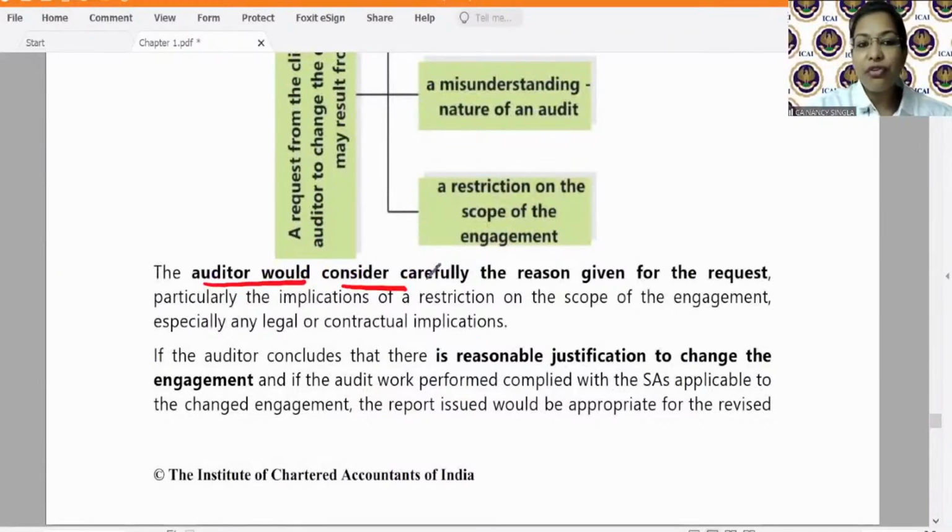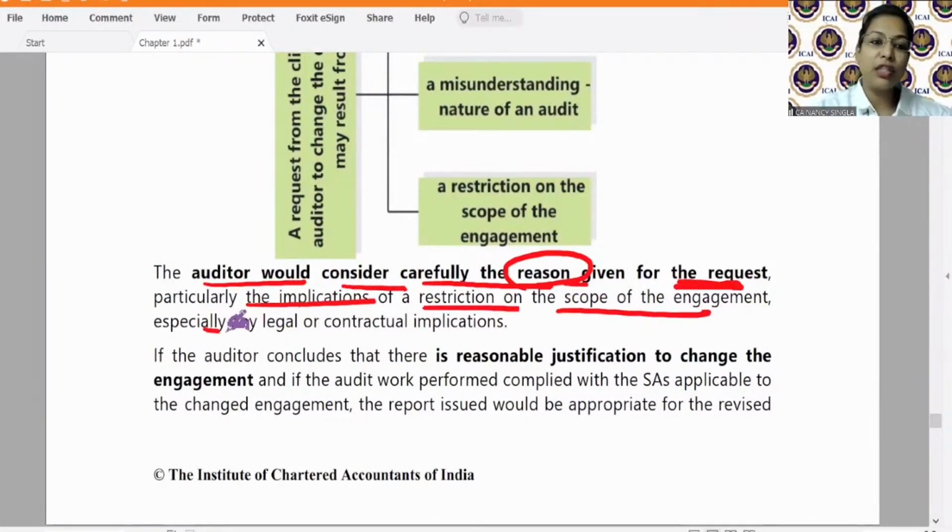Auditor will carefully consider the reason given for the request. What is the reason? Particularly the implications of the restriction on scope of engagement, especially legal or contractual, कि आपका कितना scope आपका वो limit कर रहा है. See, अगर आप assurance obtain ही नहीं कर पा रहे हो, फिर थोड़ी ना आप continue करोगे.